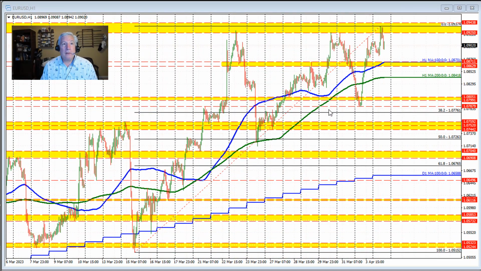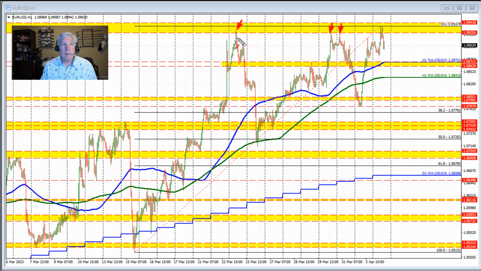Let's start by taking a look at the euro versus US dollars. You can see in the Asian session, we dipped to the downside and then moved up into this yellow area up through here. Now this yellow area was defined not only by these highs going back in time over the last few weeks of trading.